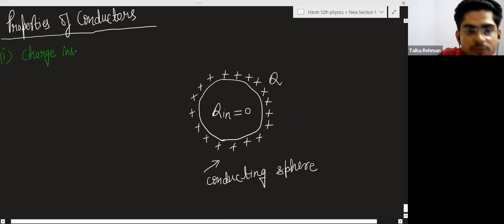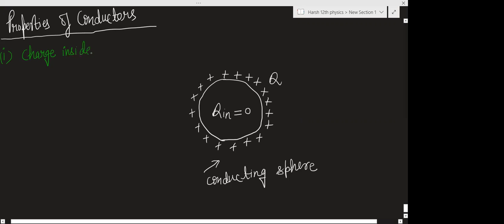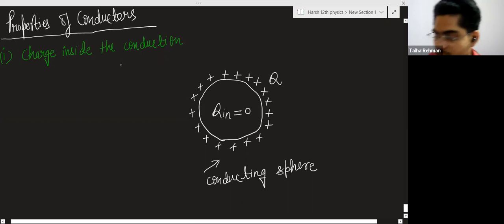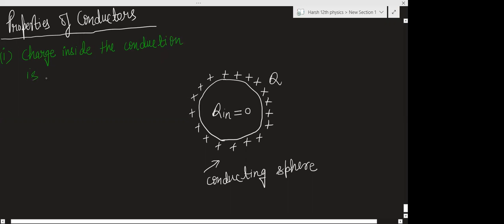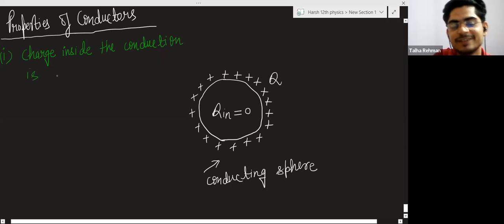Why 0? Because all charges are always present on the surface of the conductor. Yes, this is the reason.